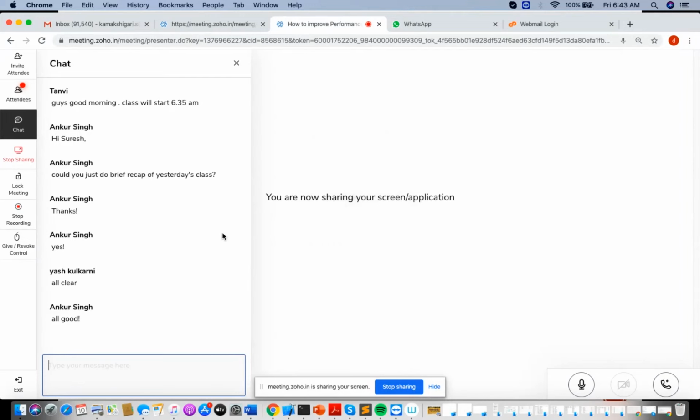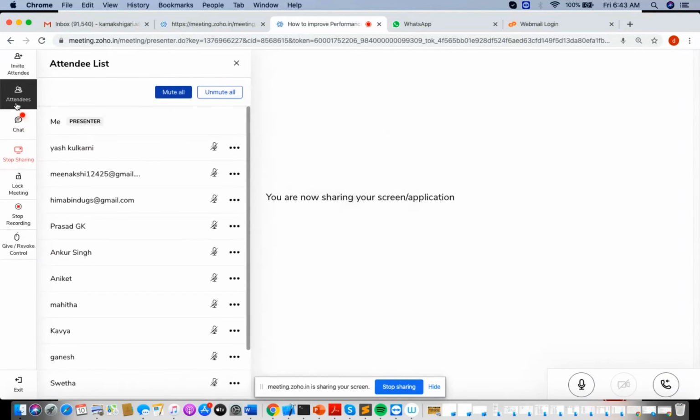Anybody having doubt in this? Prasad, Shweta, Ankit, Himabindu, Meenakshi.